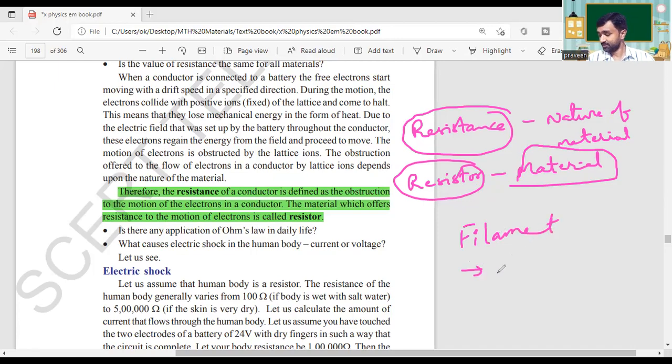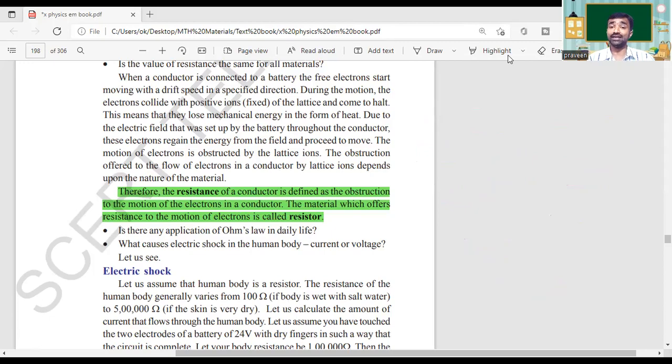Filament is simply a resistor. That filament is made up of tungsten, and we use the symbol W. So the resistor is physically visible, while resistance is just measurable. It is the nature of the material, the obstructing nature, obstructing the flow of charges or the motion of electrons. That we can call resistance.